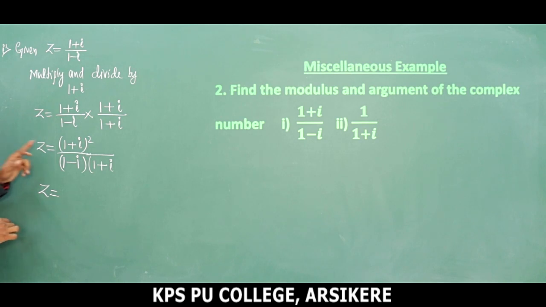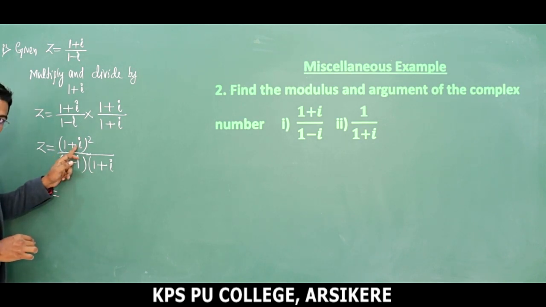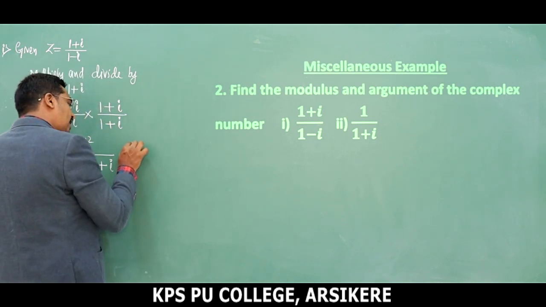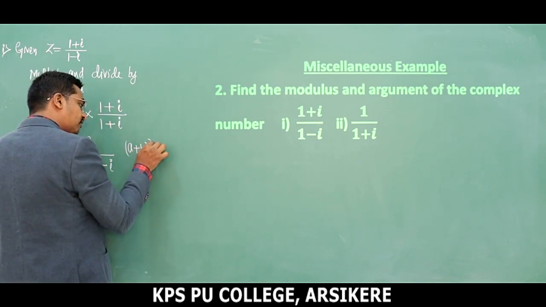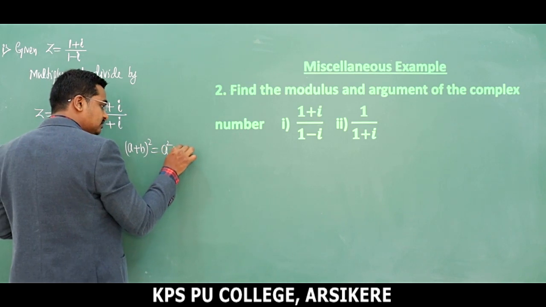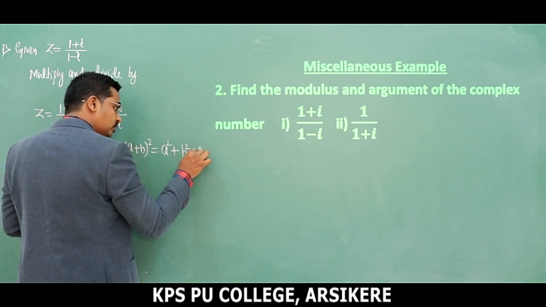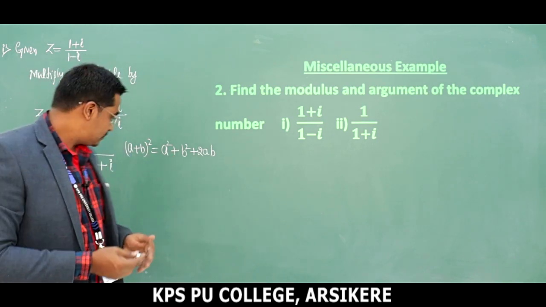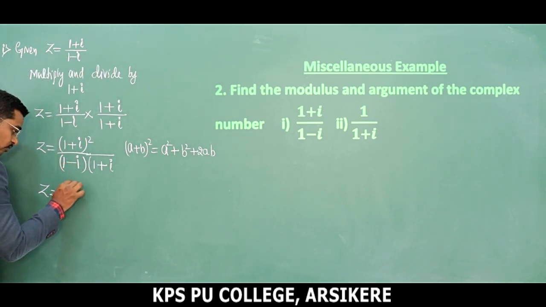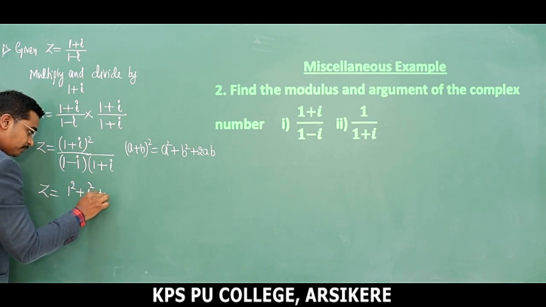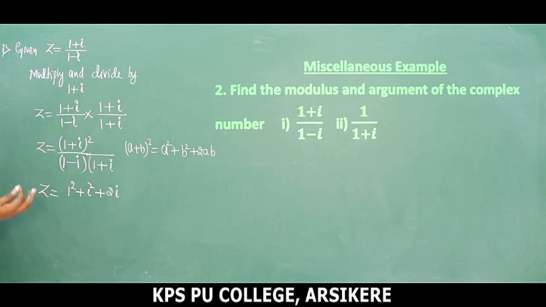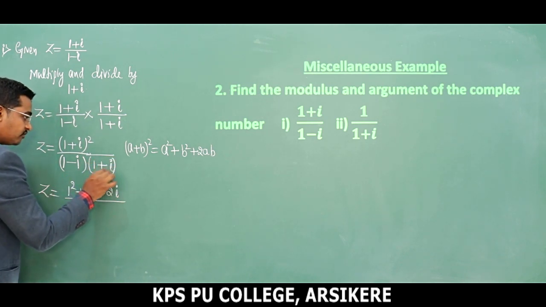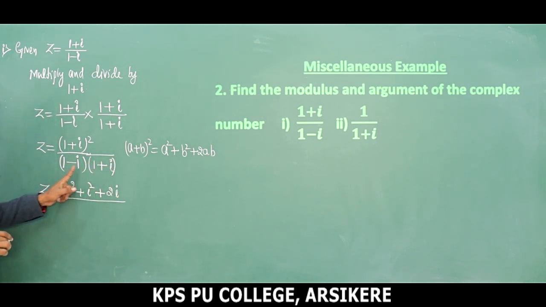Z is equal to expansion of this number. Just go with the formula a plus b whole square. So a plus b whole square, we have the formula a square plus b square plus 2ab, or you can write this as a square plus 2ab plus b square, and this becomes 1 square plus i square plus 2i, right? a square plus b square plus 2ab whole divided by, so compact form, just observe here a plus b into a minus b.